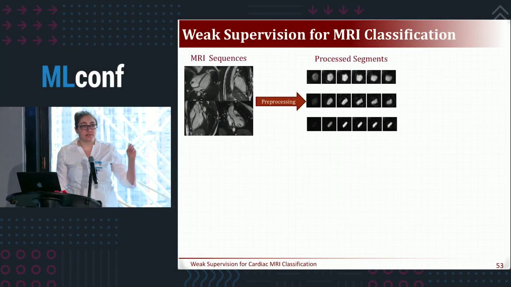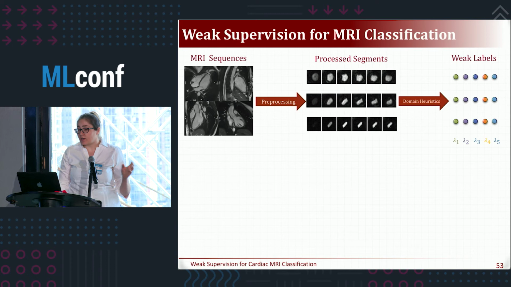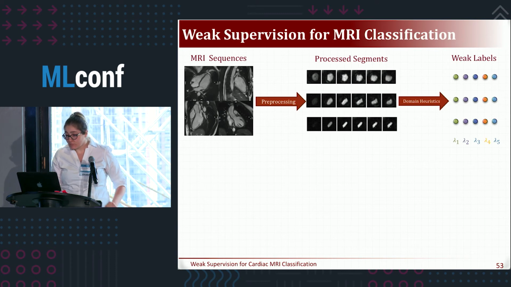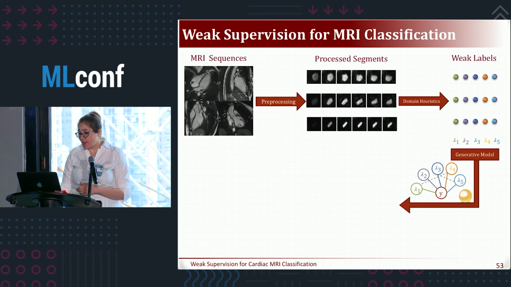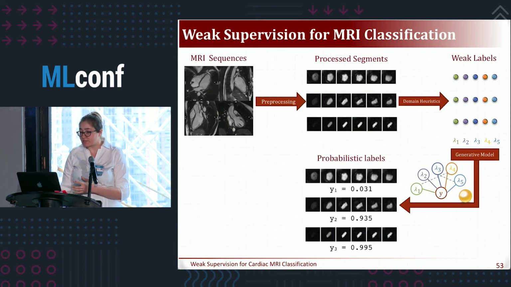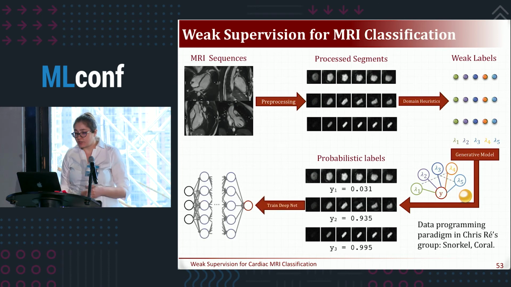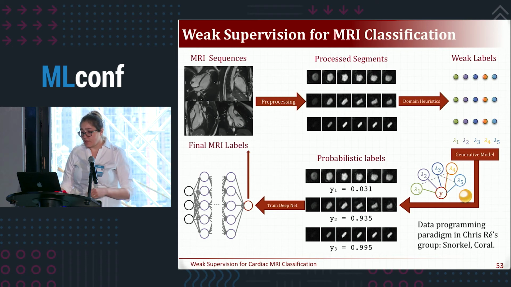We've obtained some telltale segments that are indicative of BAV, then used heuristics to train weak labels, which tells us roughly if the subjects have BAV or not, after which we obtained a set of probabilistic labels, which were in turn used to train a deep neural network. Finally, we obtained some labels for the entire MRI data set.